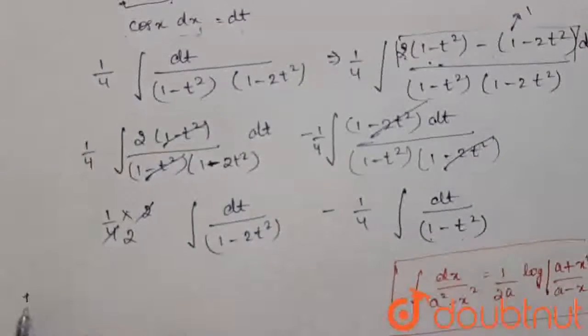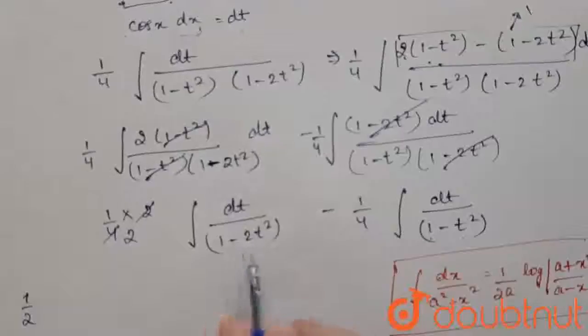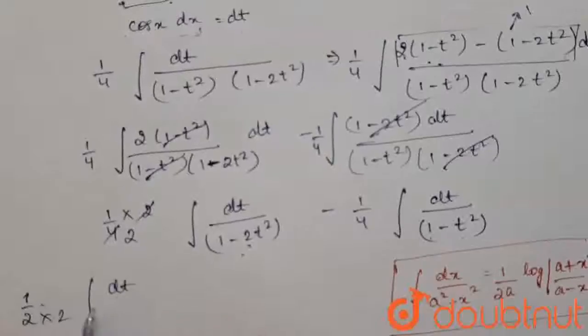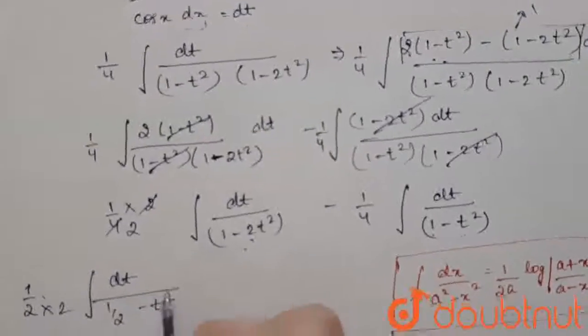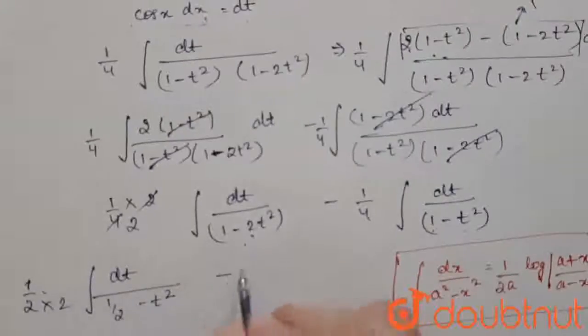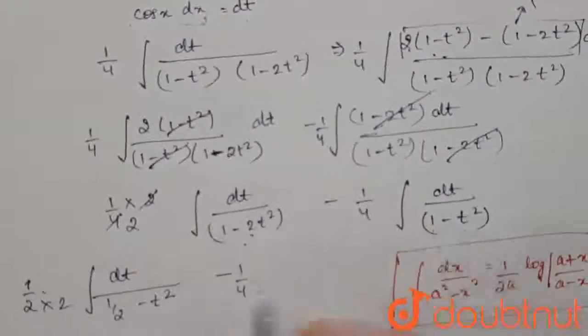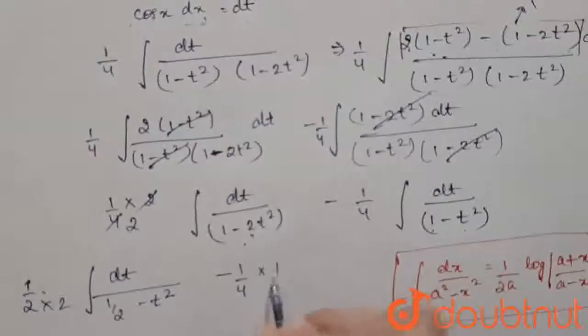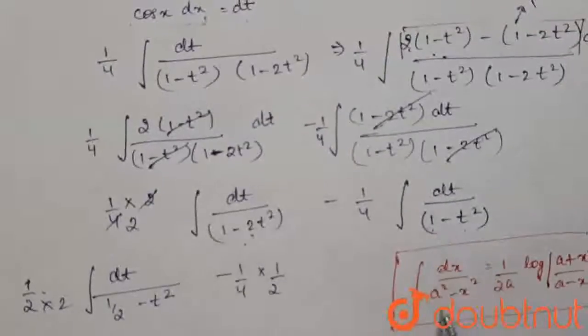So this will become 1 by 2 times. Here we will take 2 common. So this will become integration of dt upon 1 by 2 minus t square. Minus 1 upon 4 times. This will become 1 by 2 times a. A here is 1.